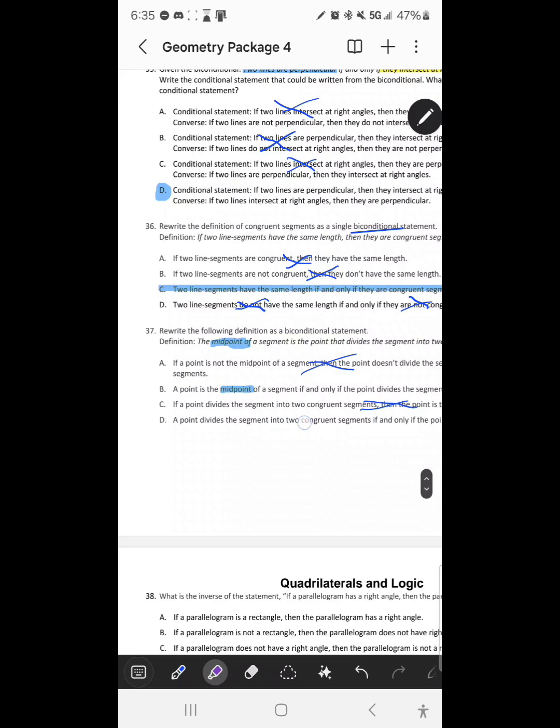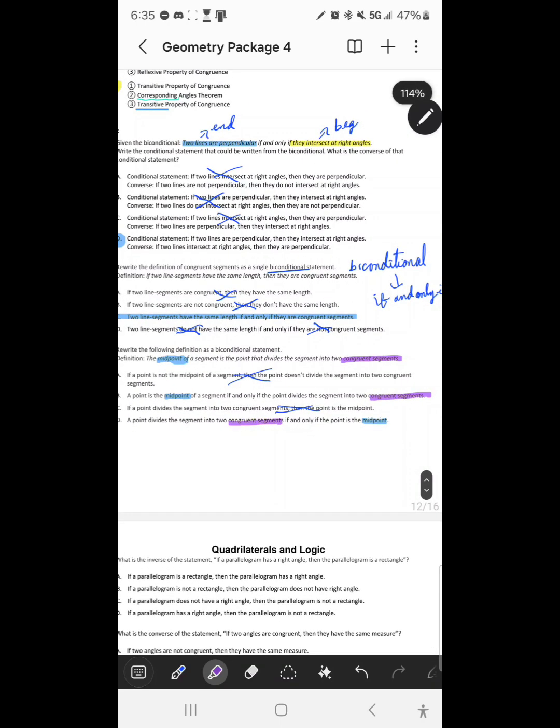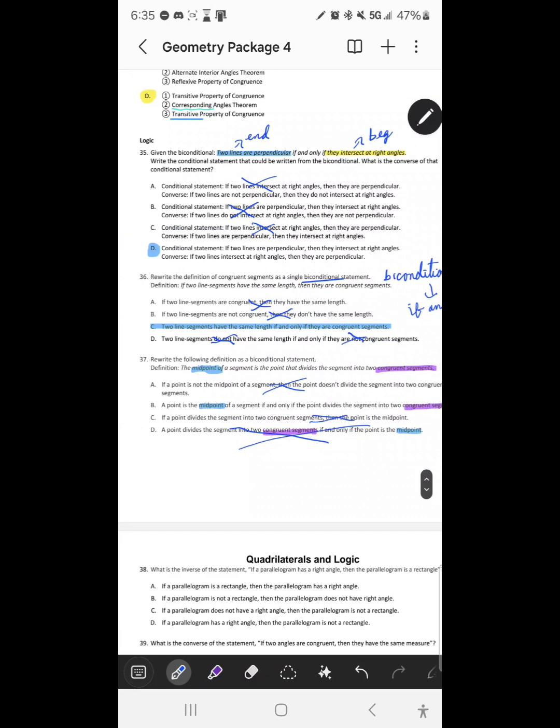And here we start with congruent segments. So this is not what we're looking for because it's flipped. So B is our answer because it's the one that is not flipped.